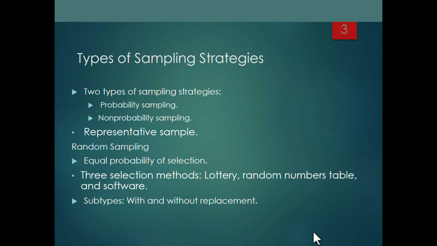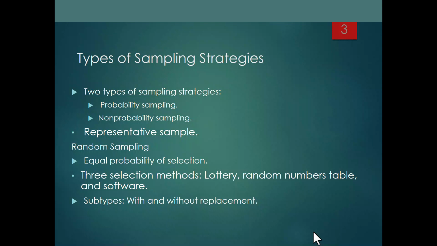So random sampling, also known as simple random sampling, we talked about how with random sampling, it basically means that equal probability of selection. And there are three selection methods: the lottery, random numbers table, and the software.